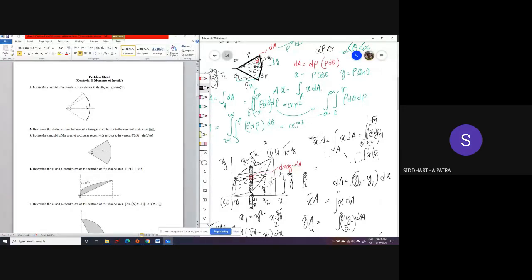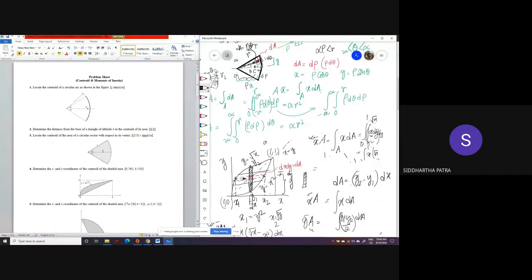In case you are taking a triangular sort of differential area, the area of this differential triangle would be r times d theta by 2 times r. You take somewhere in the middle as the centroid of this triangle.